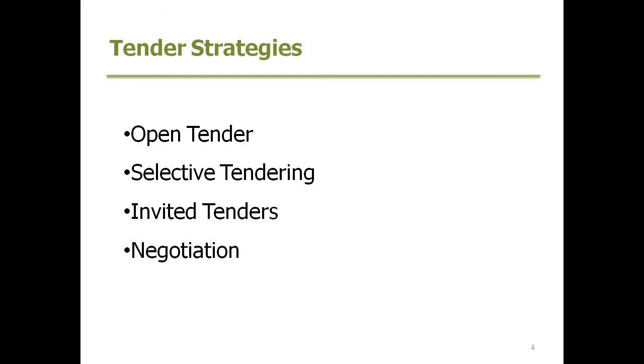How specialist is that? If it's a specialist project, we might be looking at selective or invited tenders. If it's a form of contract that we believe that we can get a very competitive price at the moment, we might go out to more of an open tender. Government might go out for more of an open tender as well.